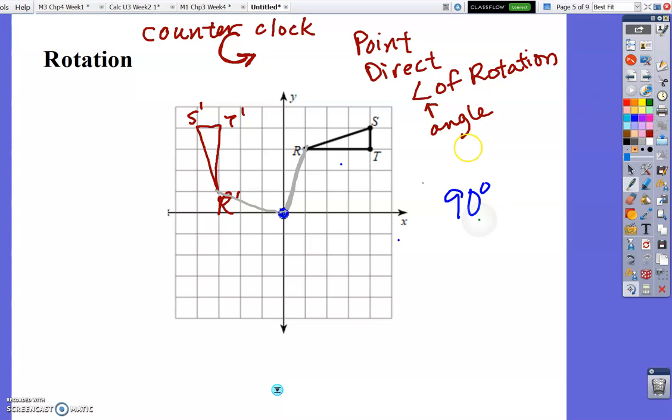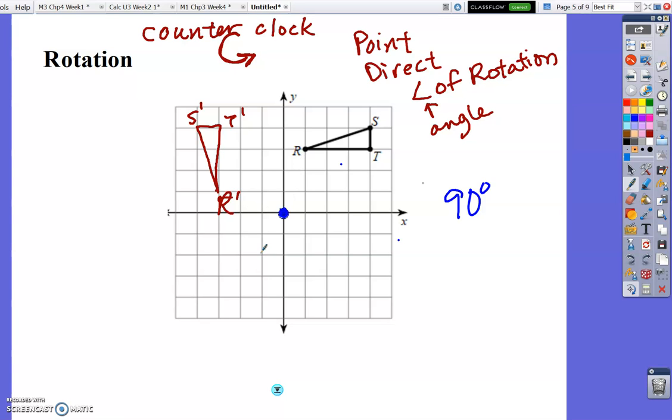And if I continue that with each point, from T to T prime, that's a right angle, and from S to S prime, that's a right angle. We could measure all those with our papers, but each of those is a right angle, and it gets really messy.